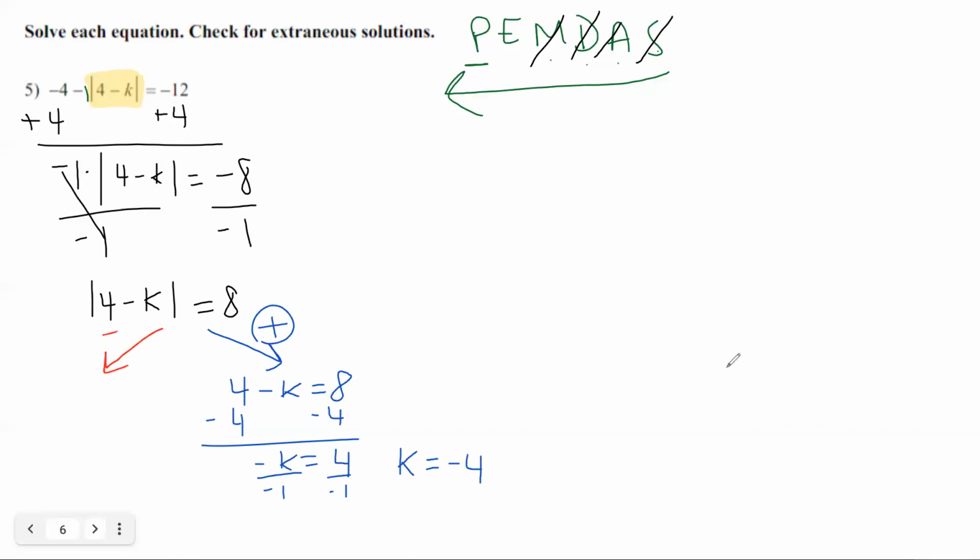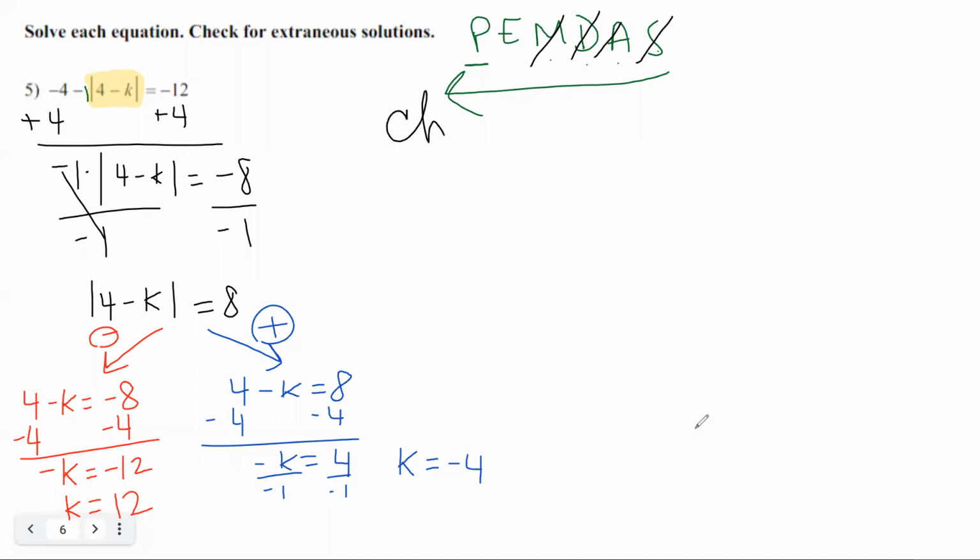For my negative case, 4 minus k equals -8 is my situation. We're going to subtract 4 on both sides. I have -k is equal to -12. So dividing both sides by -1 or multiplying both sides by -1, I get k equals +12.